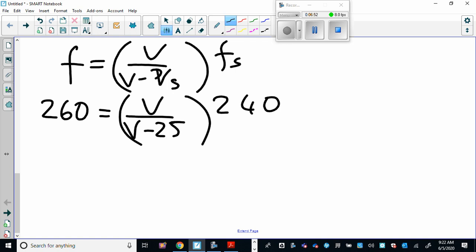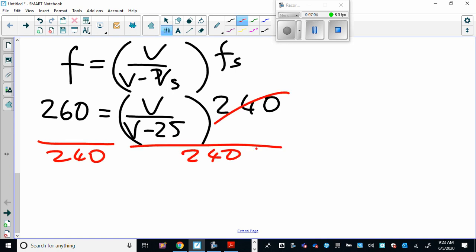And as I go through with numbers, you'll see it does end up being a little easier to do. So the first thing we would do here is divide both sides by 240. Cancels those ones out. 260 divided by 240 is 1.083 repeating.